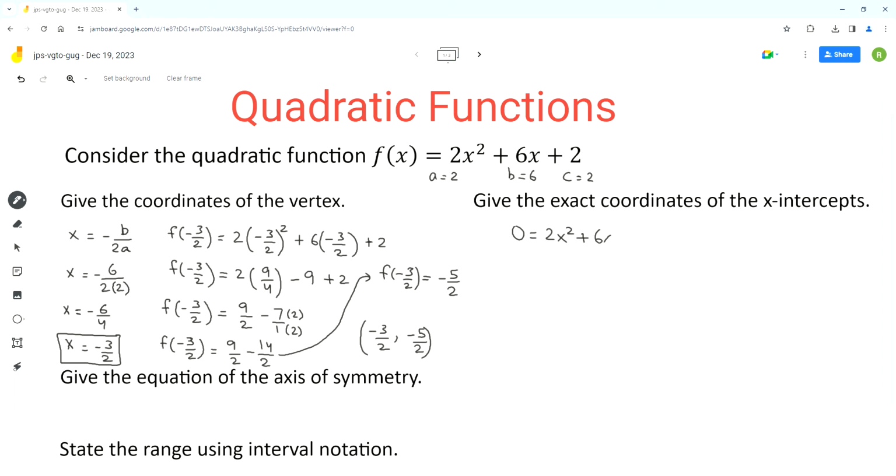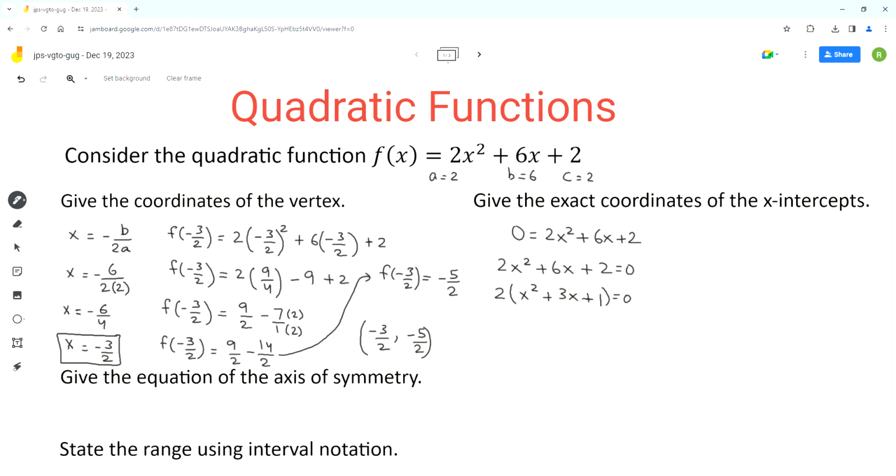Now we have to solve this equation to find the value of x. So we can also rewrite this as 2x squared plus 6x plus 2 equals 0. Now we can reduce this equation by factoring out 2. So we get x squared plus 3x plus 1.